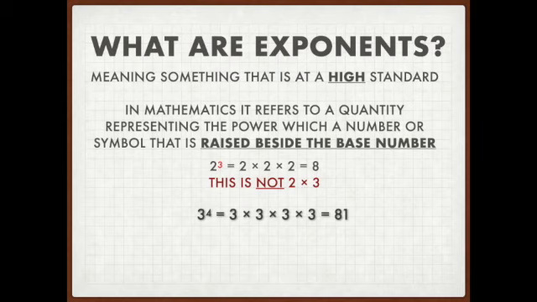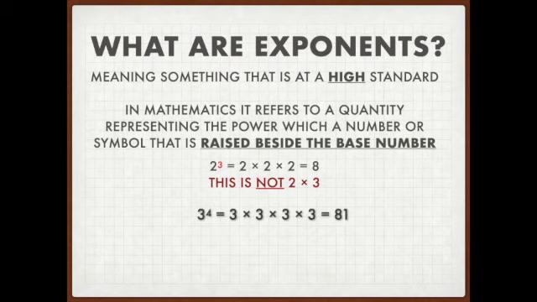If you look at the example, the 3 is raised up. It's usually smaller, called a superscript, and that is the exponent. So this quantity that's represented by the greater power is identified by this little raised number.